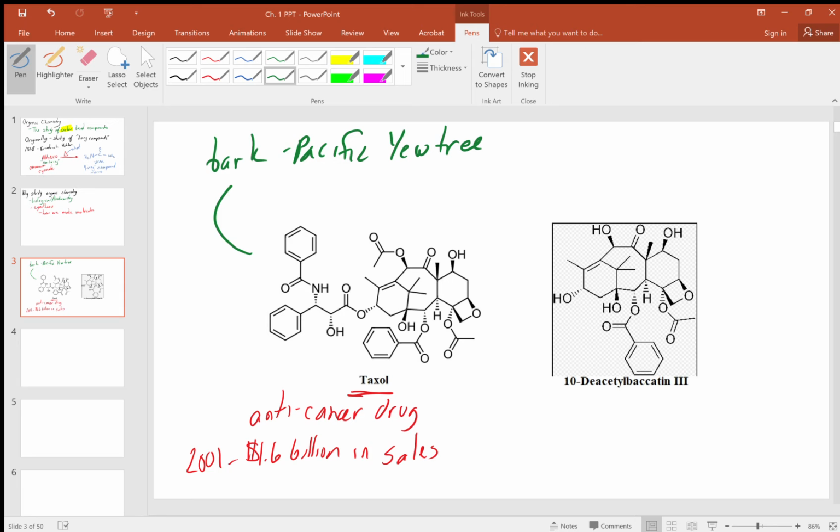And that obviously creates two main problems. First of all, once you strip the bark off the tree, you're going to kill the tree. And second, and related to that, how many 100-year-old trees can you do that to before we start to run out?